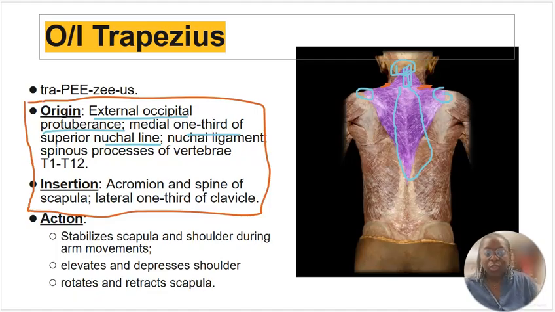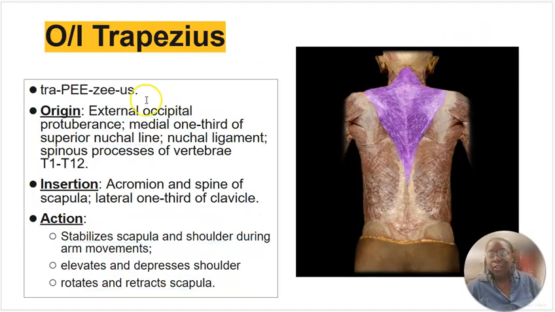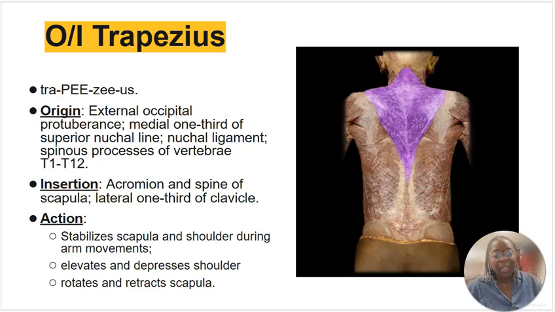You get to choose which ones you want as long as you memorize at least two. Now for actions, it's going to help stabilize that scapula and shoulder during those arm movements, and also elevate and depress the shoulder and rotate and retract the scapula. It has a whole lot of range of motion just because of how big it is and just how many insertion points it has.